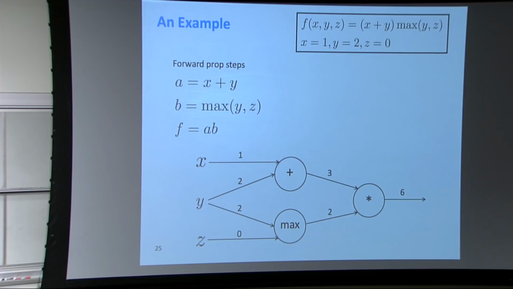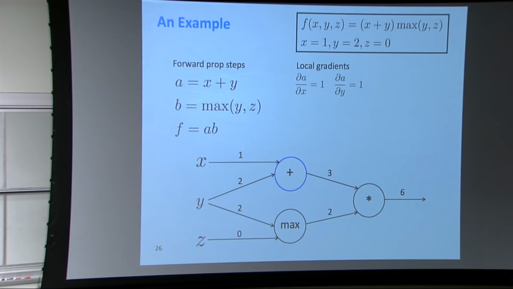The first thing we do is add, and the result of that is 3, so we put that onto the arrow that's the output of add. Max is 2. Times is 6. And so in the forward pass, we have evaluated the expression, and its value is 6. That wasn't hard.